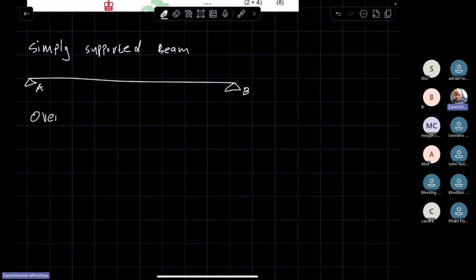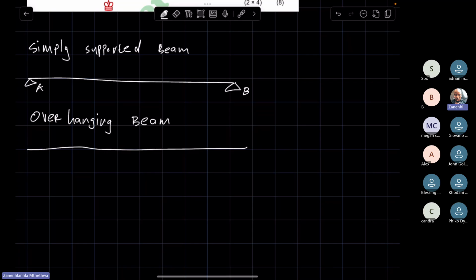Then you have an overhanging beam. Yeah, this is the one I'm looking for. An overhanging beam is where you have a beam, say you have one reaction there, and then you have another reaction at that point. The point here is that a part of the beam is always overhanging.